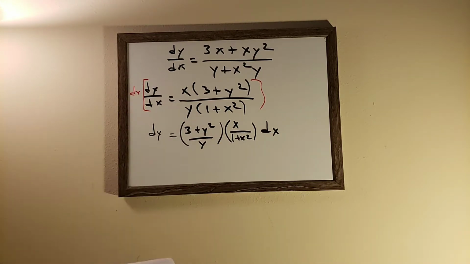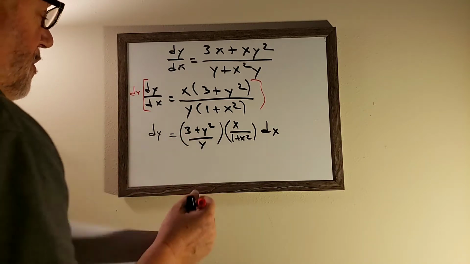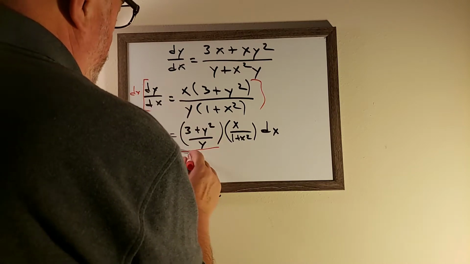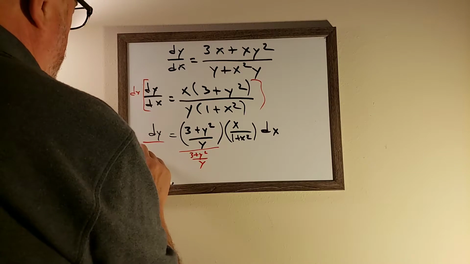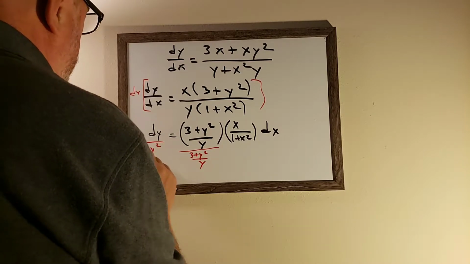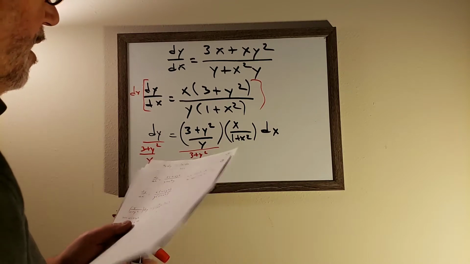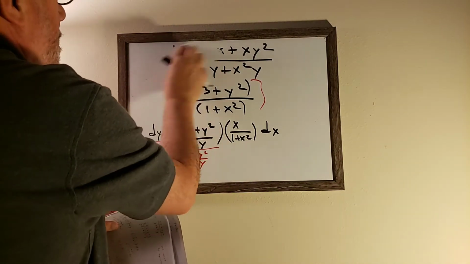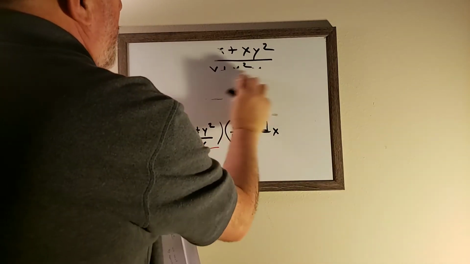And so now when I go to the next step, which is going to be to divide by that. So we're going to divide everything by all this stuff here. And divide this by 3 plus y squared over y. And when we do that, of course that will flip that fraction over when I do my division.